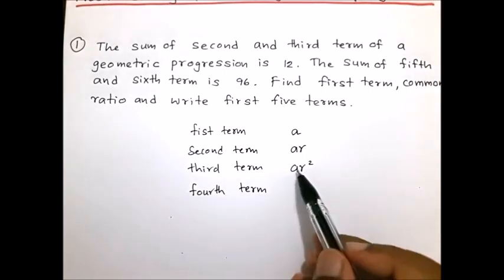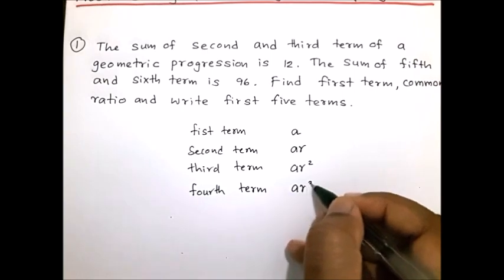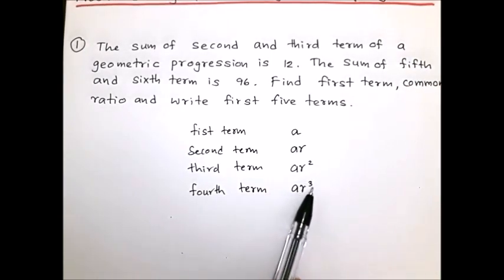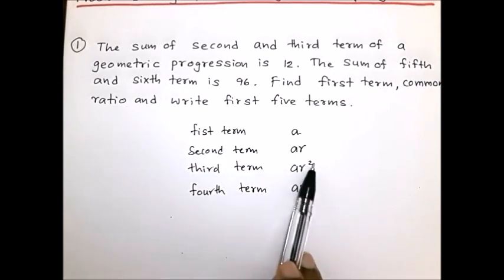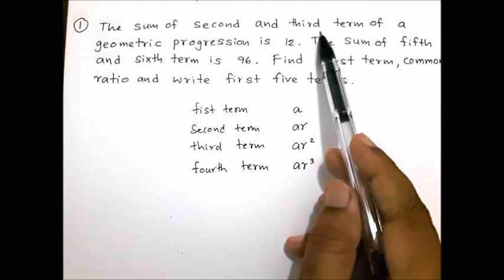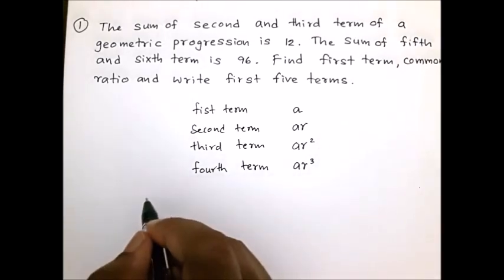To obtain fourth term, again multiply third term by common ratio. It is AR to the power 3. If you take fourth term, here 4 minus 1, 3. If you take third term, here 3 minus 1, it is 2. Now look at the question. Sum of second term and third term. Second term is AR, third term is AR to the power 2.